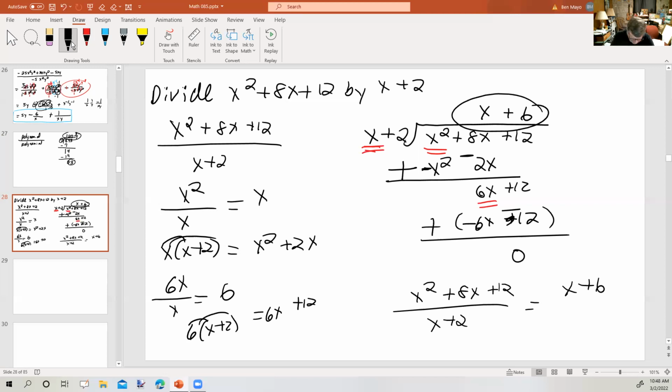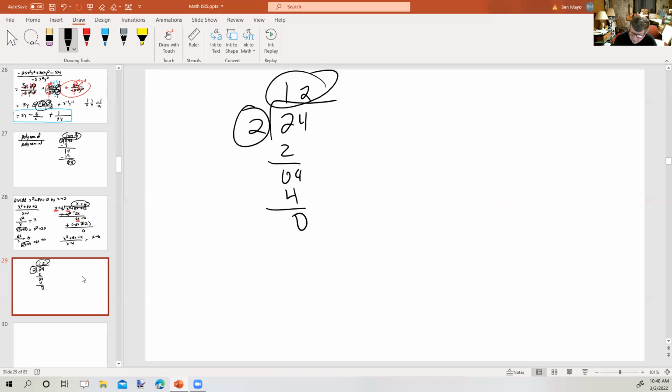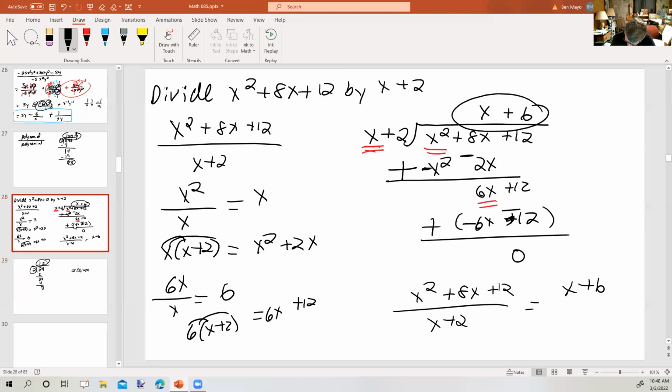Now, let's say I've got 24 divided by 2, and I get a 1 and a 2, and the answer is 12. How do I check my work? Well, don't I take that times that, the answer, so the quotient times the divisor, and 12 times 2 is 24. So let's go back here.